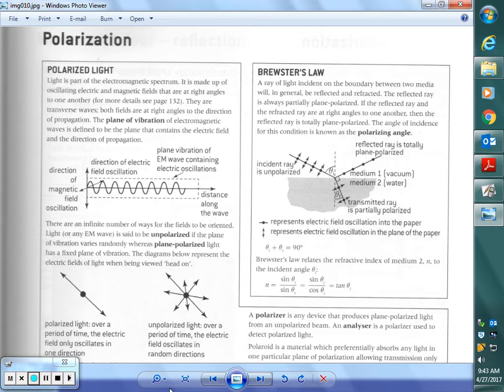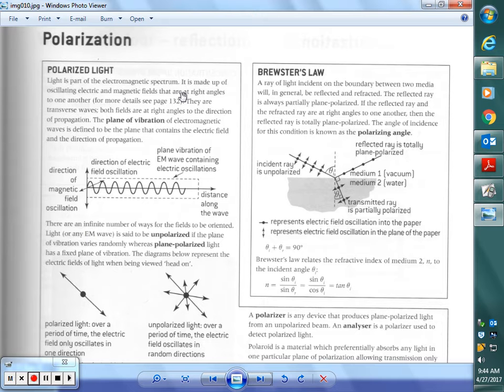If the waves are propagating from the board towards you, as they vibrate this way or this way or this way, those are going to be unpolarized light. But in the one on the left over here, where all of the waves are vibrating in the same direction or the same plane, this would be polarized light. Polarization is when you're basically making the light a little more organized in terms of direction.